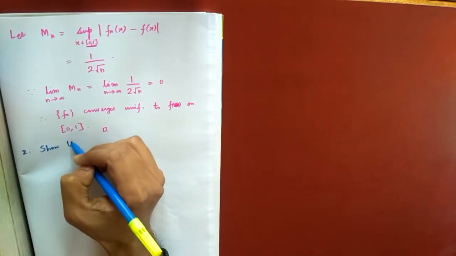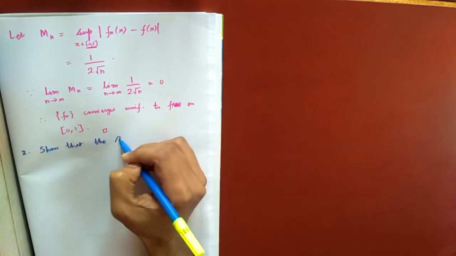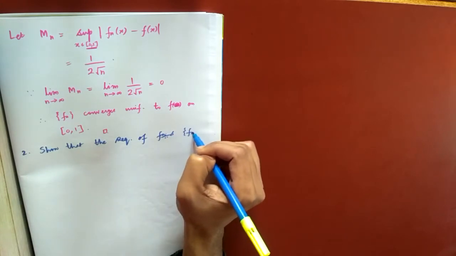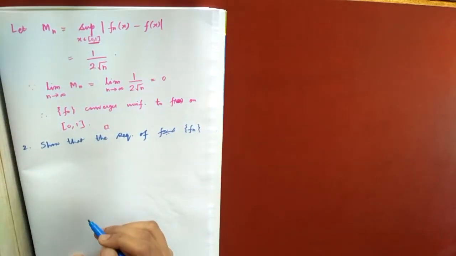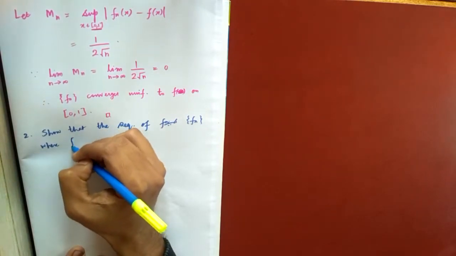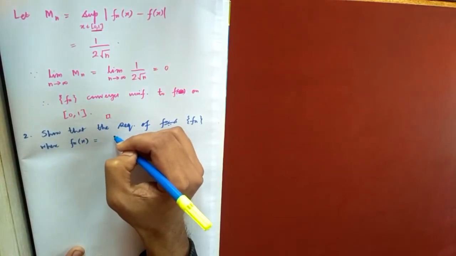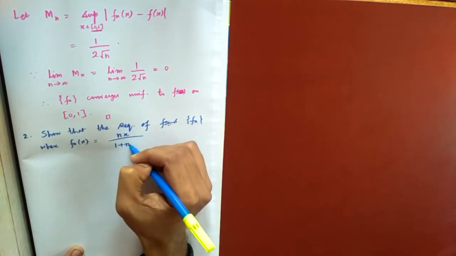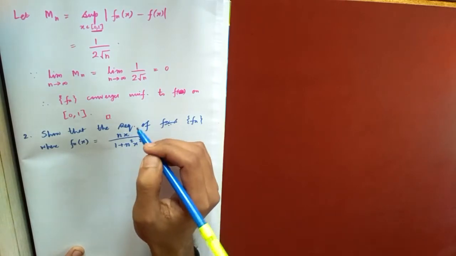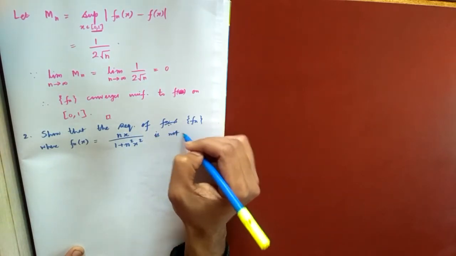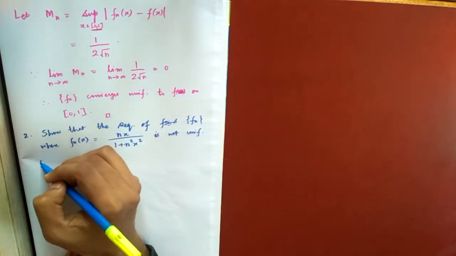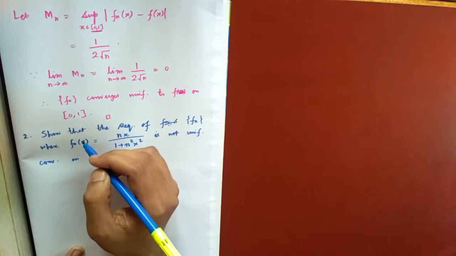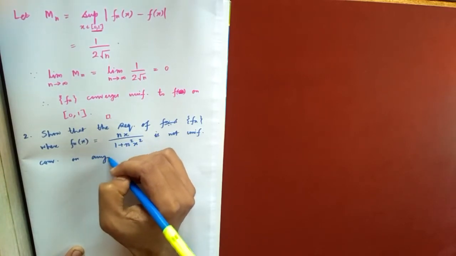Show that the sequence of functions f_n, where f_n(x) is nx by 1 plus n square x square, is not uniformly convergent on any interval containing 0.